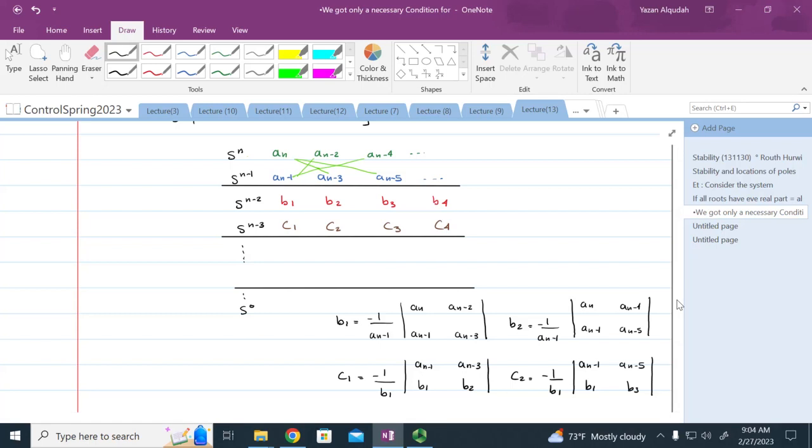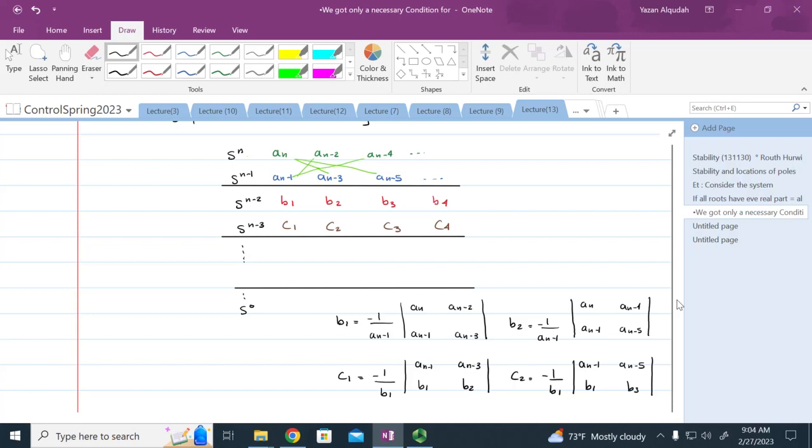Can anybody see the pattern of how we calculate it? So when we calculate, these two rows come directly from the polynomial.